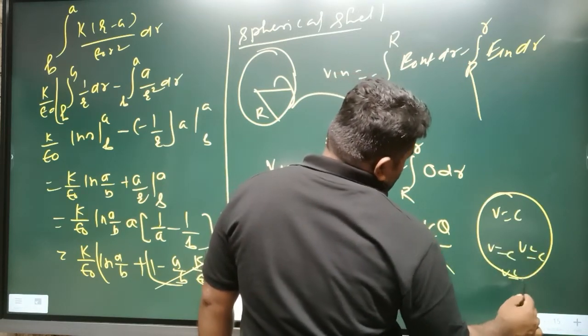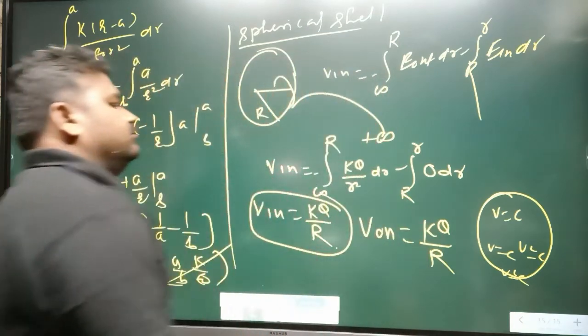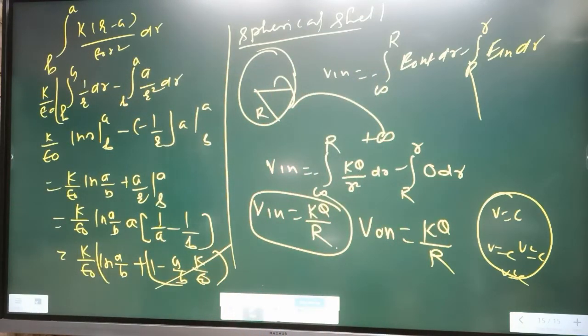What is the meaning of that? V is constant everywhere. V is constant everywhere. Yes or no? We can take at the center also.